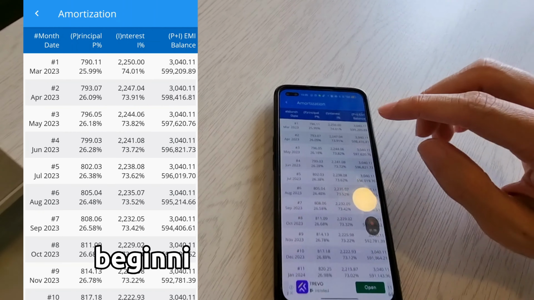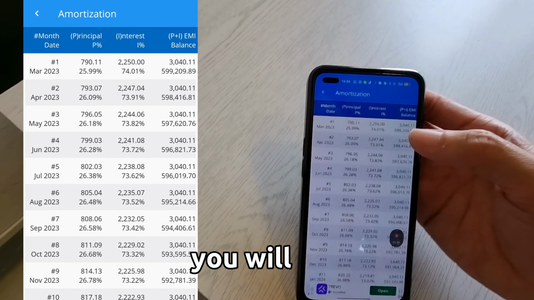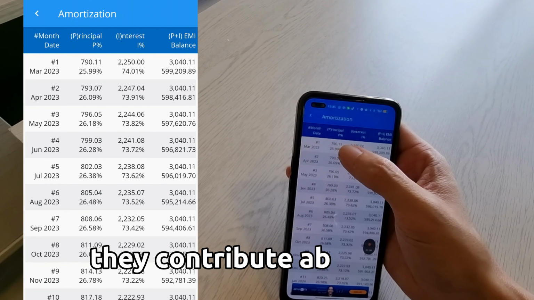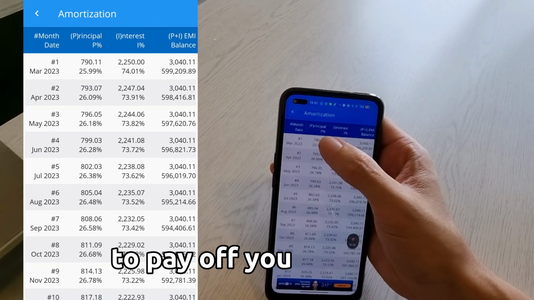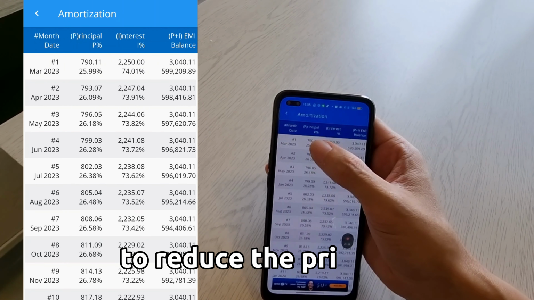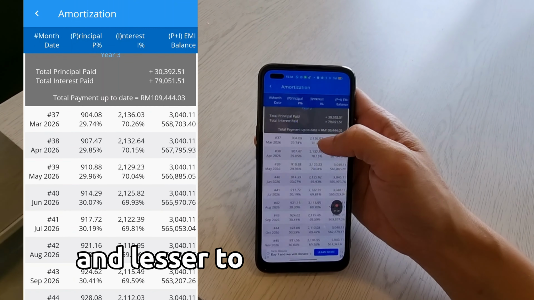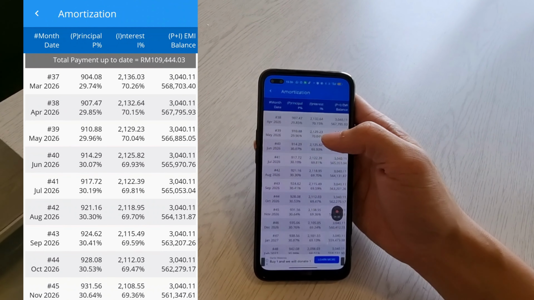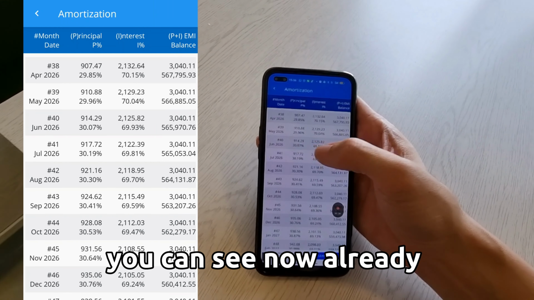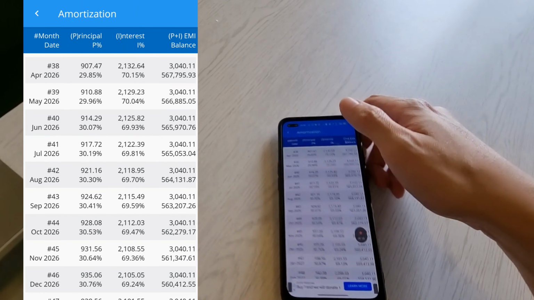For the beginning of the loan, you will see they contribute about 26% to pay off your principal, to reduce the principal, and then 74% to the interest. That means this is the bank's earning. As time goes by, you will notice it will contribute more to pay the principal and less to pay the interest. You can see now already almost 30% versus 70%.